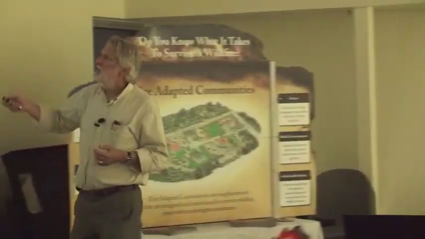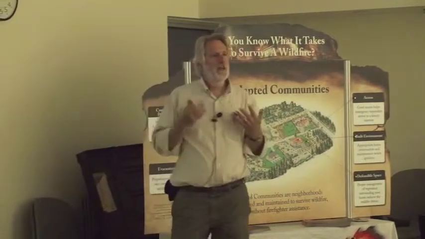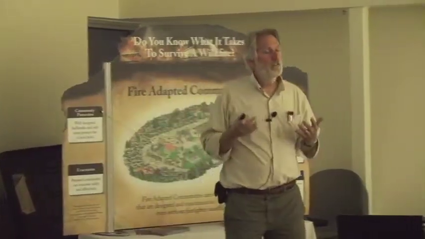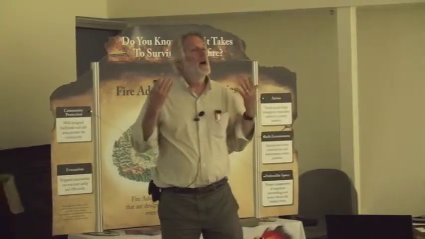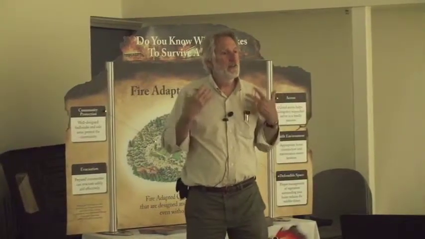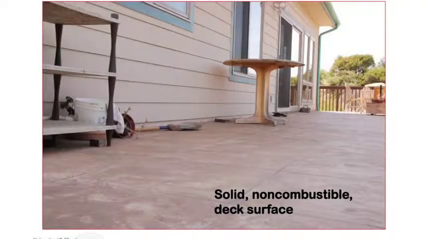So if you're going to enclose a deck vertically in this case, you want to make sure that you've taken care of the moisture issues that will develop over time. And then you want to make sure you're using a material that's going to resist the kind of exposure you're anticipating. So, okay, so here's an example of a solid surface deck, a non-combustible product.